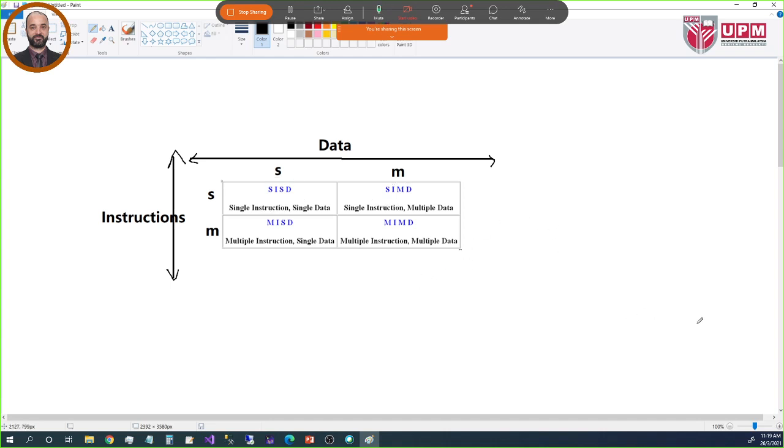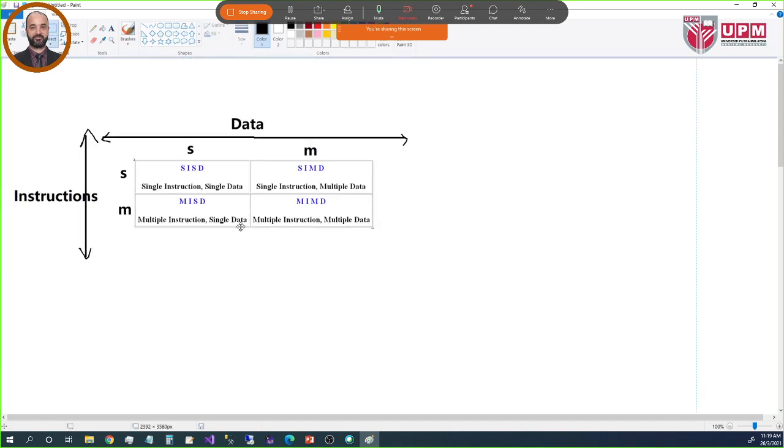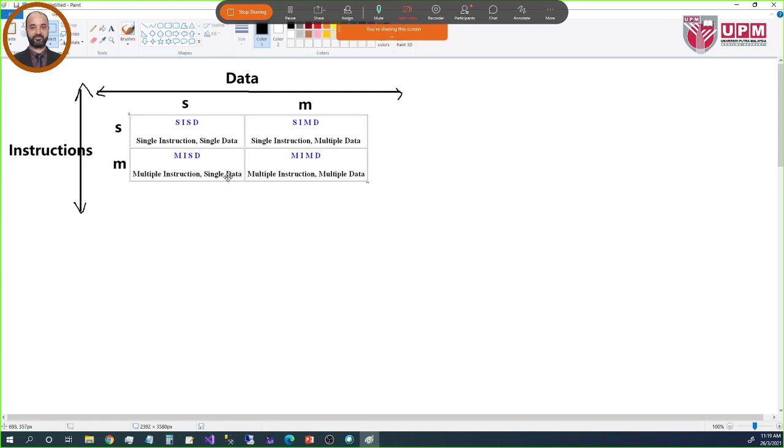Okay, let us explain what this could mean. Let us keep this here and draw some diagrams. In the first case, which is called single instruction, single data, we have 3 units.